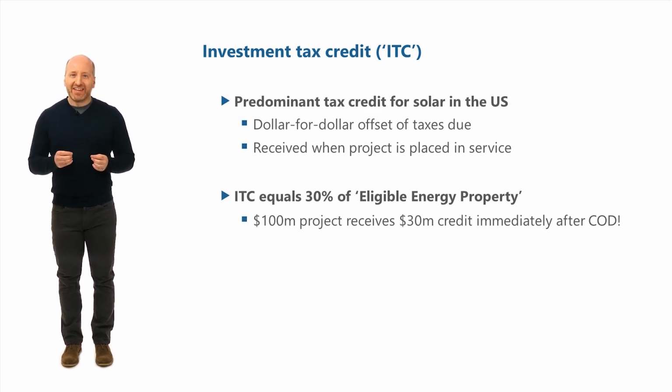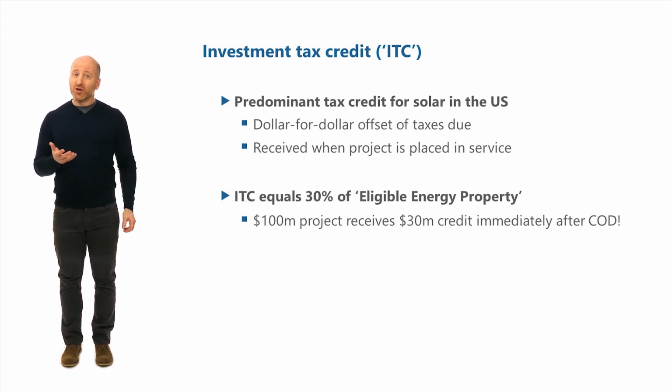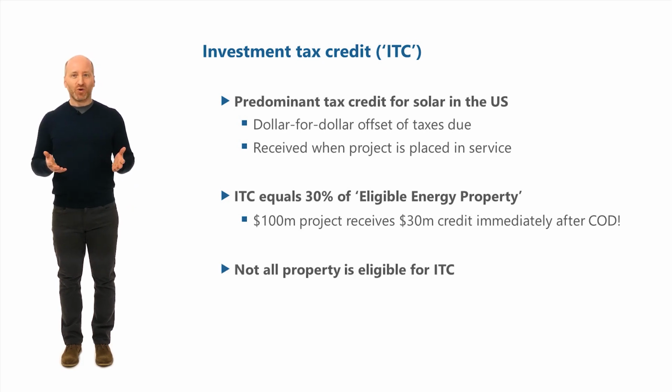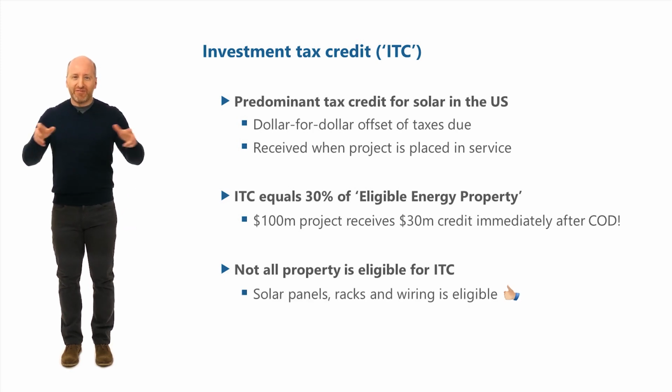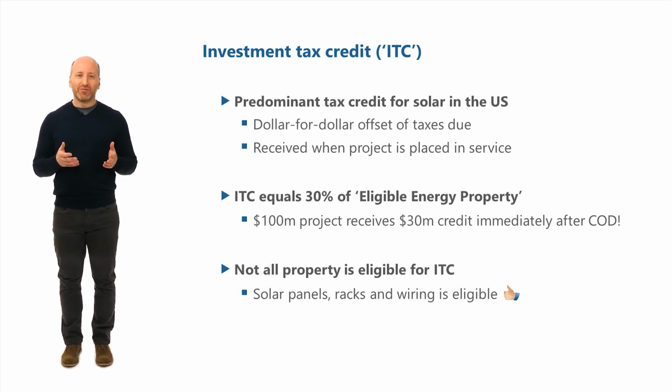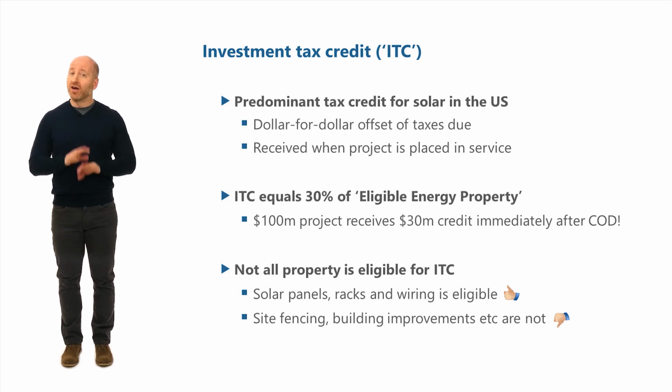One of the reasons that it's important to get very good tax advice is that it can be hard to determine exactly what property is eligible for the ITC and what is not. So solar panels and racks and wiring is eligible, but the fencing around the site, building improvements, and components that come after the step-up transformer are not eligible.